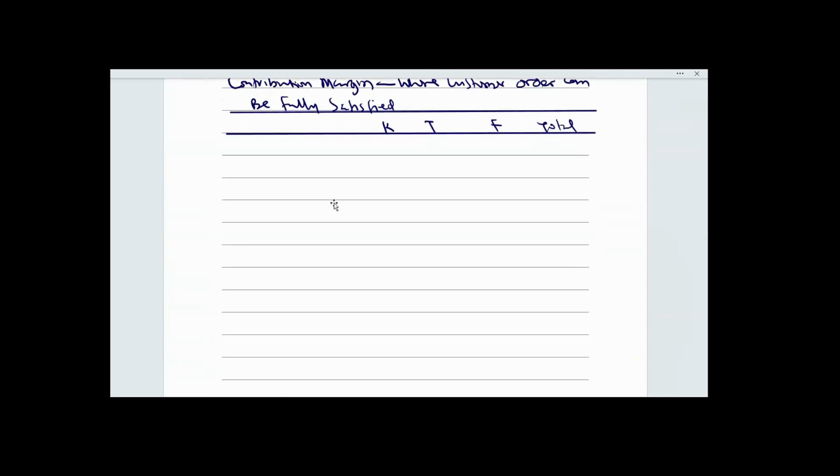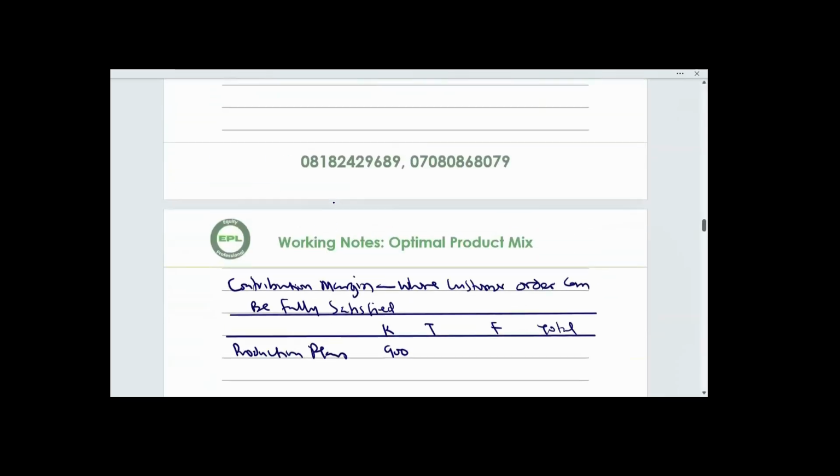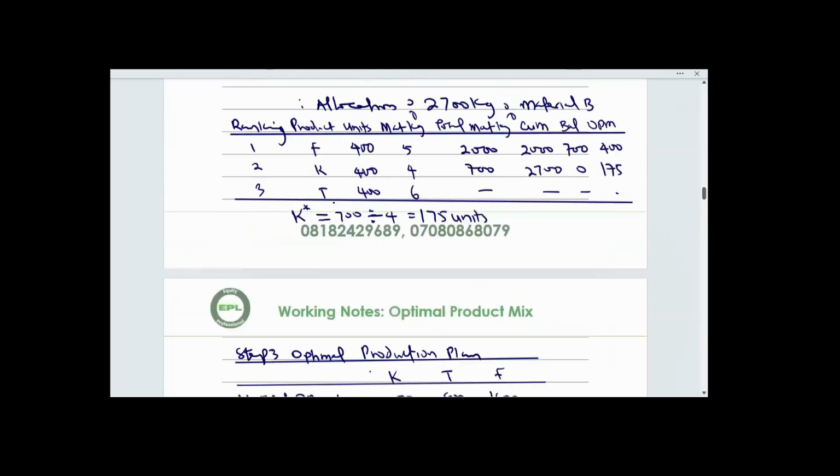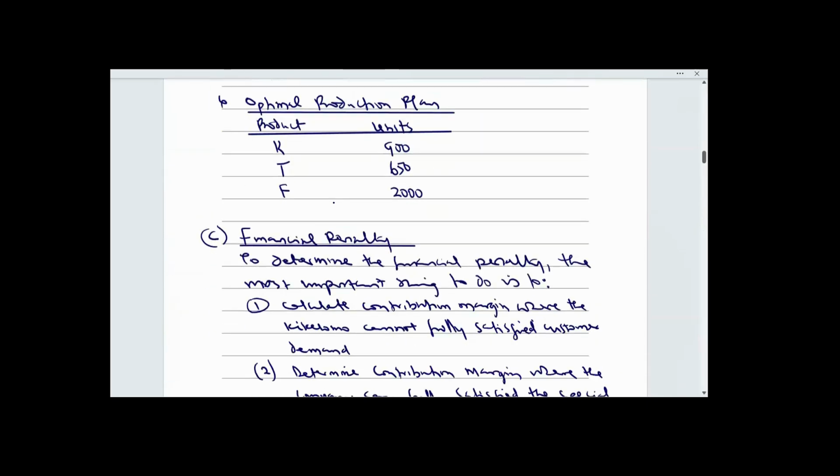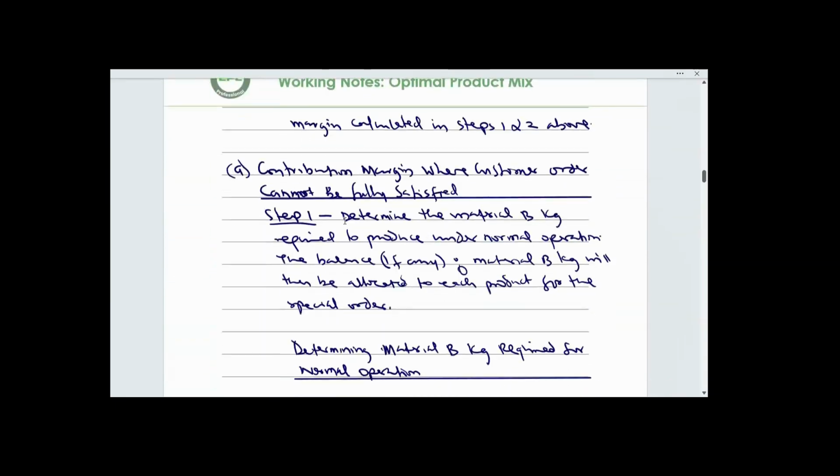So I will come to the production plan. For K, it's 900. Is it 900 or 650? Let me confirm again. Yes, 900, 650, 2,000.